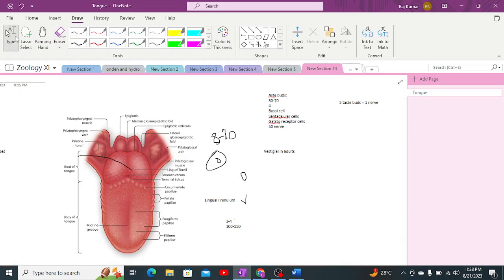Here, the posterior part detects bitterness. The front part, the anterior part, detects sweetness, and the upper side part detects sourness, and the downward side part detects saltiness.